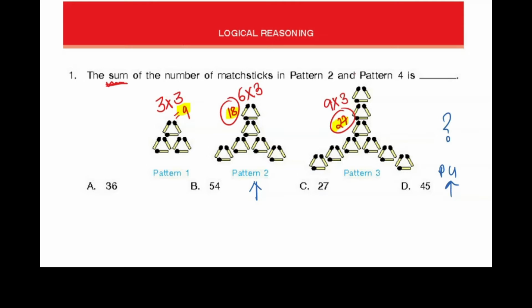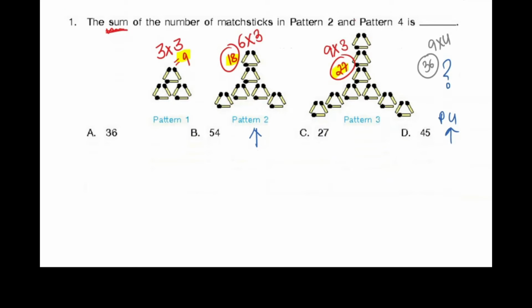So undoubtedly, pattern 4 will be 9 times 4, that is 36. So we have located the number of matchsticks present in pattern 4. Pattern 2 is having 18 matchsticks and pattern 4 is having 36 matchsticks. Now, what we need to do? We have to find the sum.